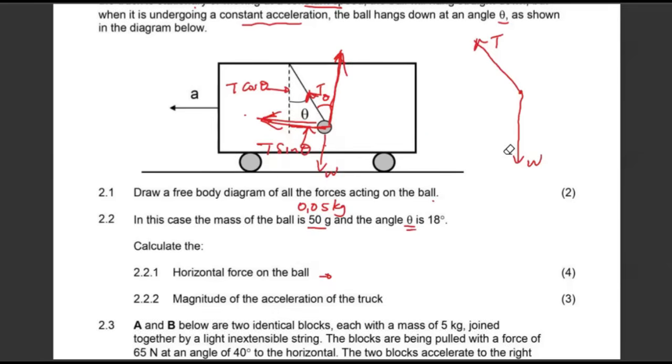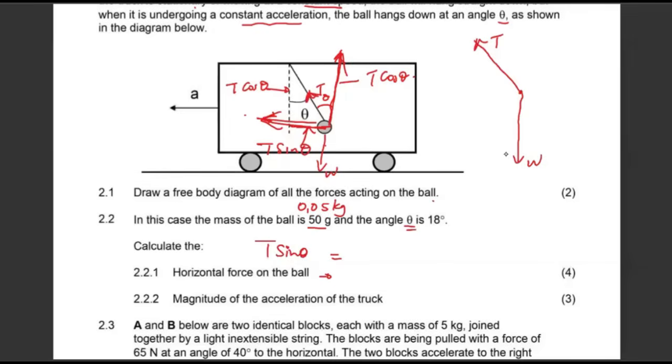Okay, so then since they want the horizontal, I'll just do the substitution and say my T sine of theta is equivalent to the tension. Do we know the tension? Oh, this is a T cos of theta. I don't know.